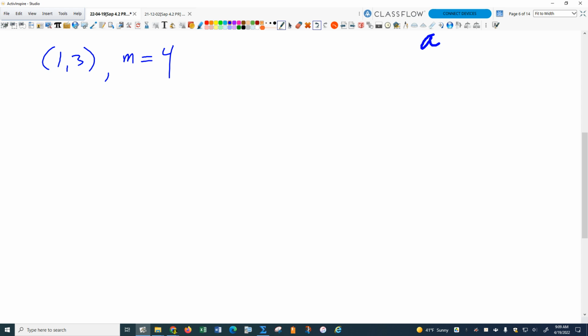Then it's so easy for us to calculate the equation of the line. It's just going to be y minus 3 equals 4 times the quantity x minus 1. Boom. If we solve for y there, that's it.